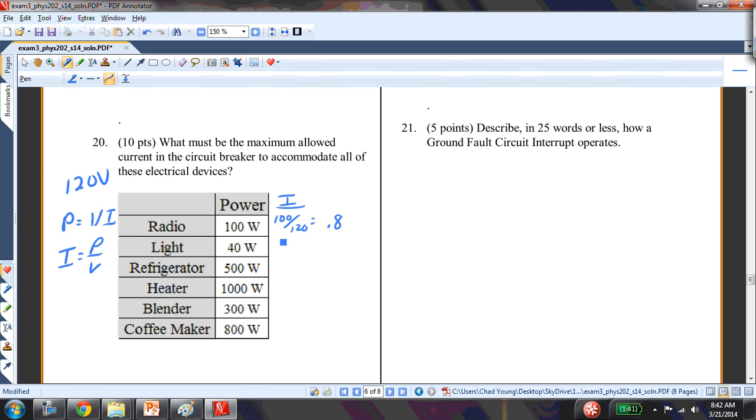I'll just call it 0.8. This is going to be 40 over 120, 0.3. 500 over 120. That's equal to 4. 1,000 over 120. That's equal to 8.